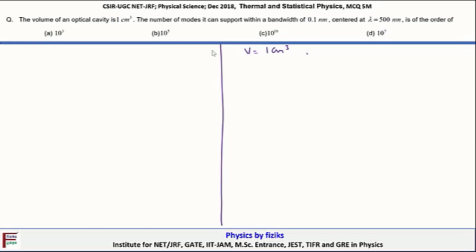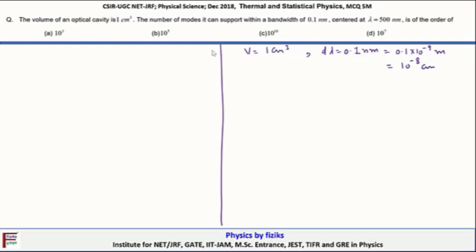So basically we are given the information which we call d lambda, and that is equal to 0.1 nanometer. Because the volume is given in centimeter cube, we can translate this information into centimeters also. So this is equal to 0.1 into 10 power minus 9 meter, which is equal to 10 power minus 8 centimeter.